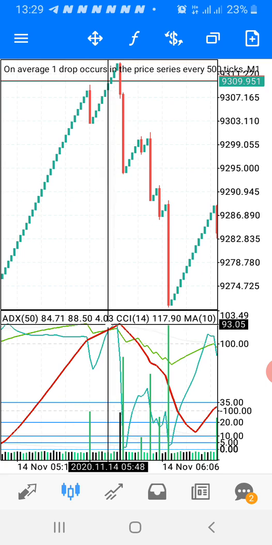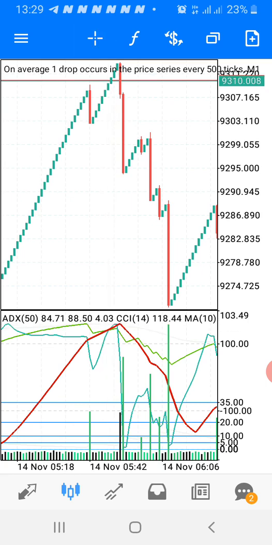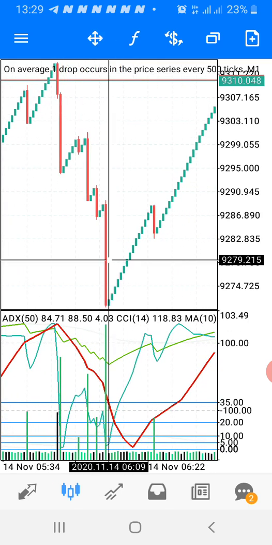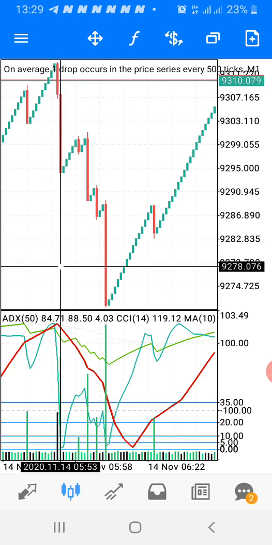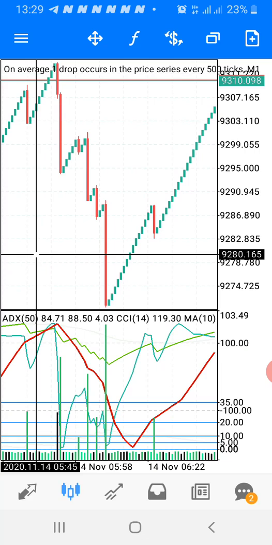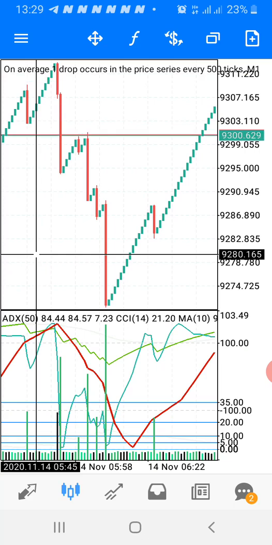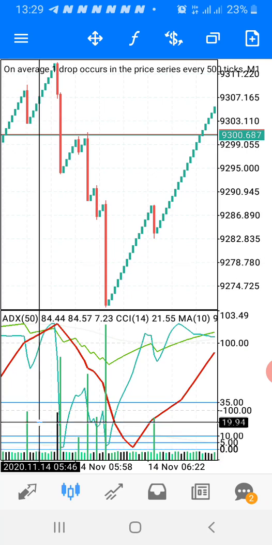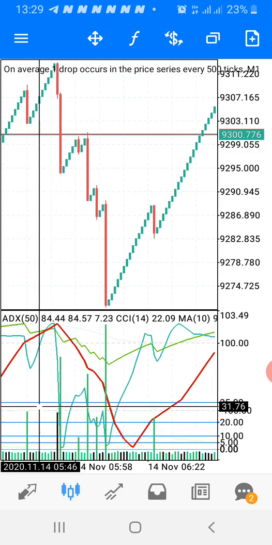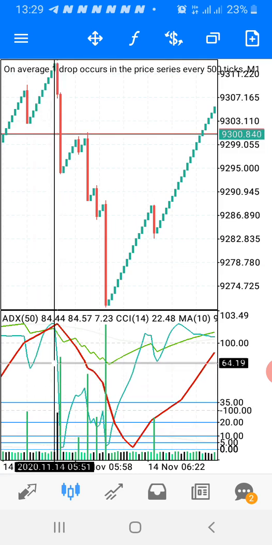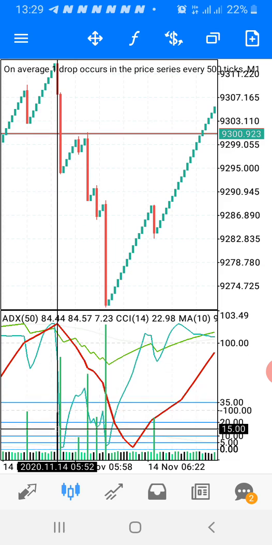Something to note is that when you catch a spike like this and the next candle is a black candle, just like this, you understand?